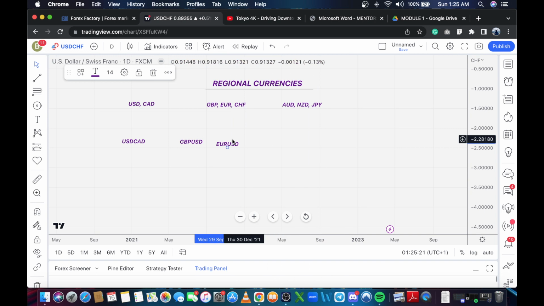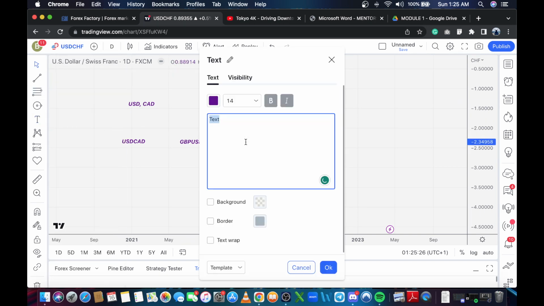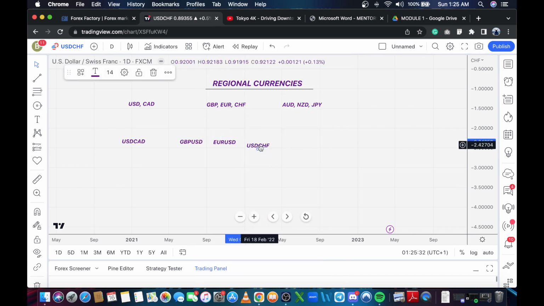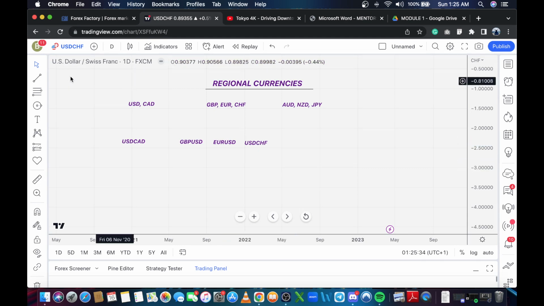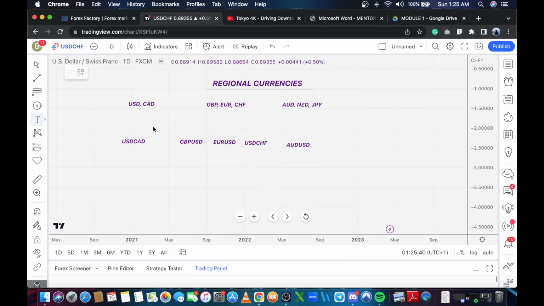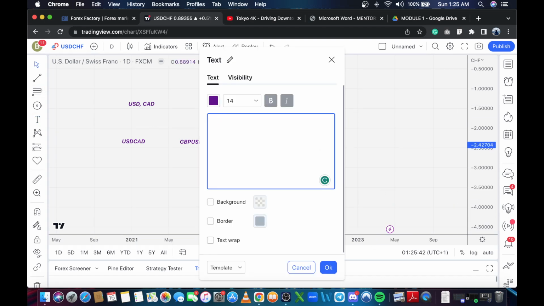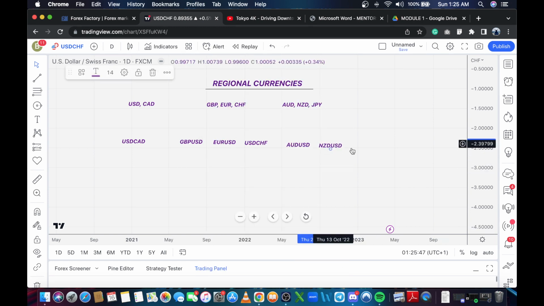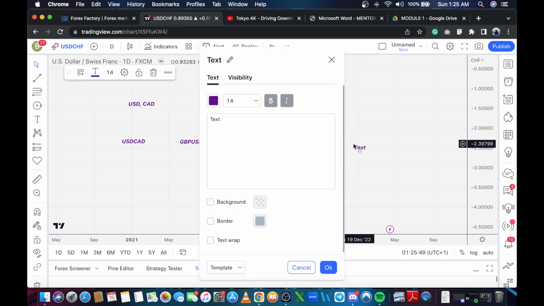That's the pairing between euro and dollar. And then we have, I'm sure this is all basic stuff, USD/CHF, USD Swissy. That's the pairing between US dollar and Swiss franc. And then we have Aussie dollar. We have New Zealand dollar, and finally we have dollar yen.